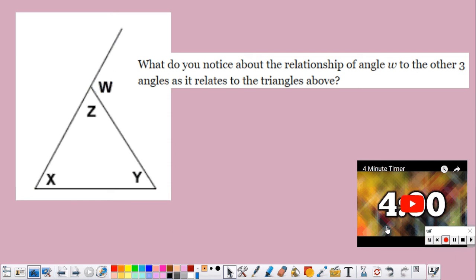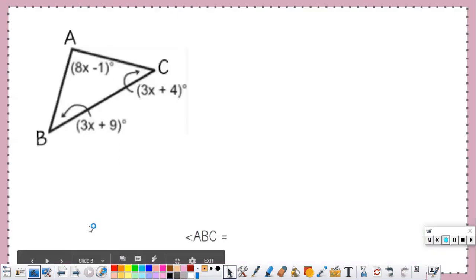I want you to figure out a relationship between any exterior angle and the other 3 angles inside. I want you to do this by looking at the triangle right above it. So the triangle we just worked with, this one right here.